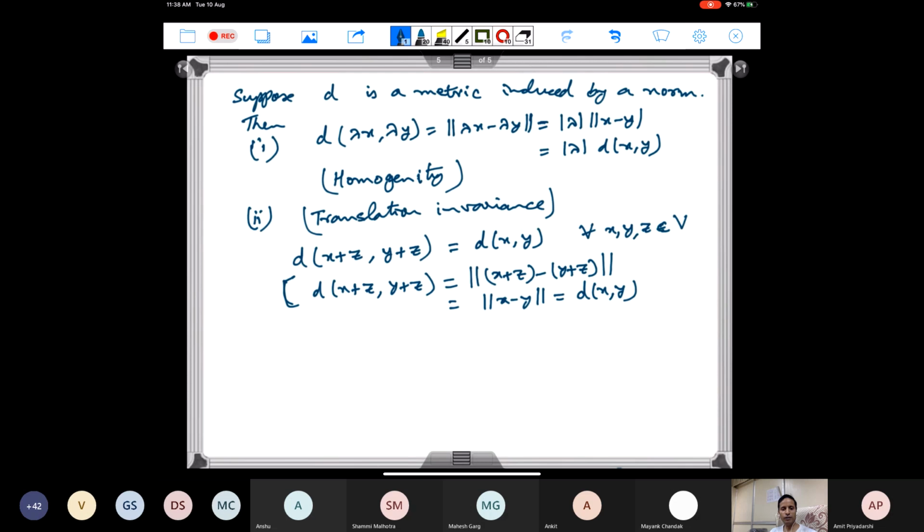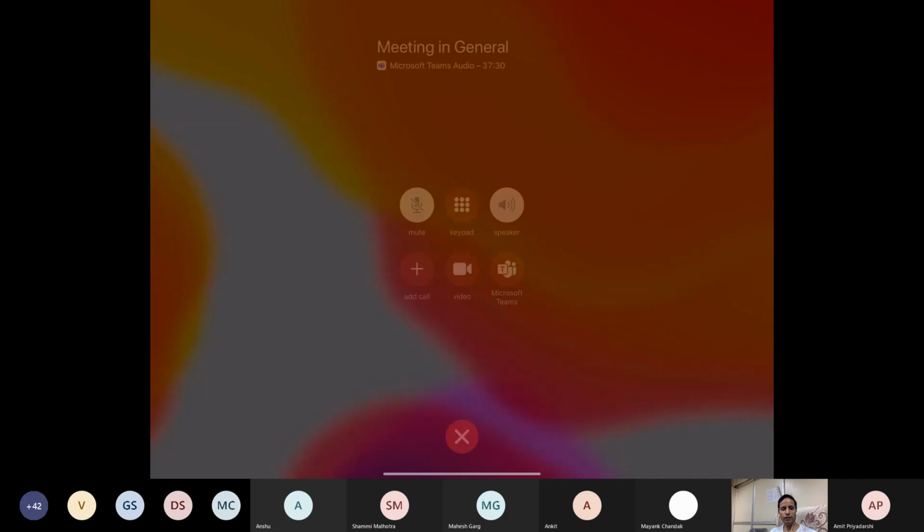So this is another property which must be true. I mean, this also gives you a way to check.